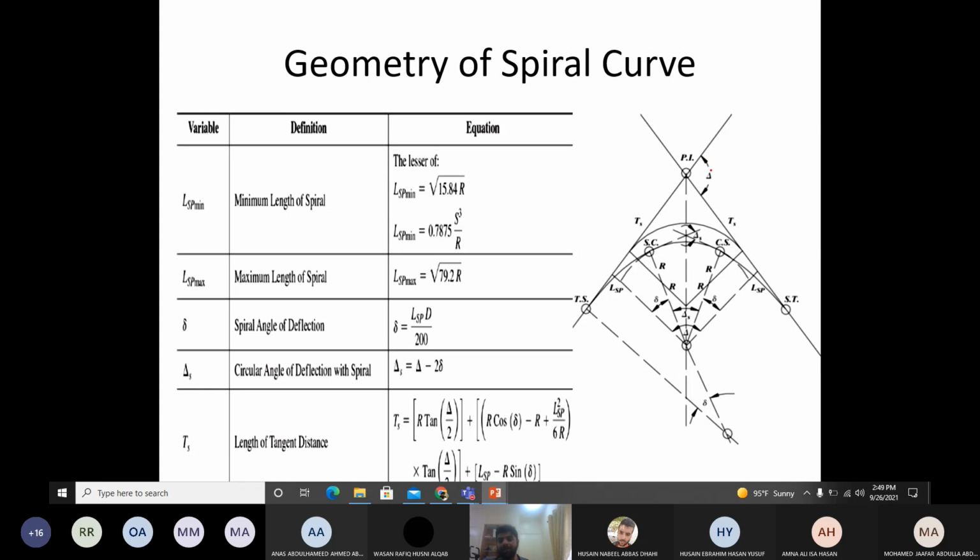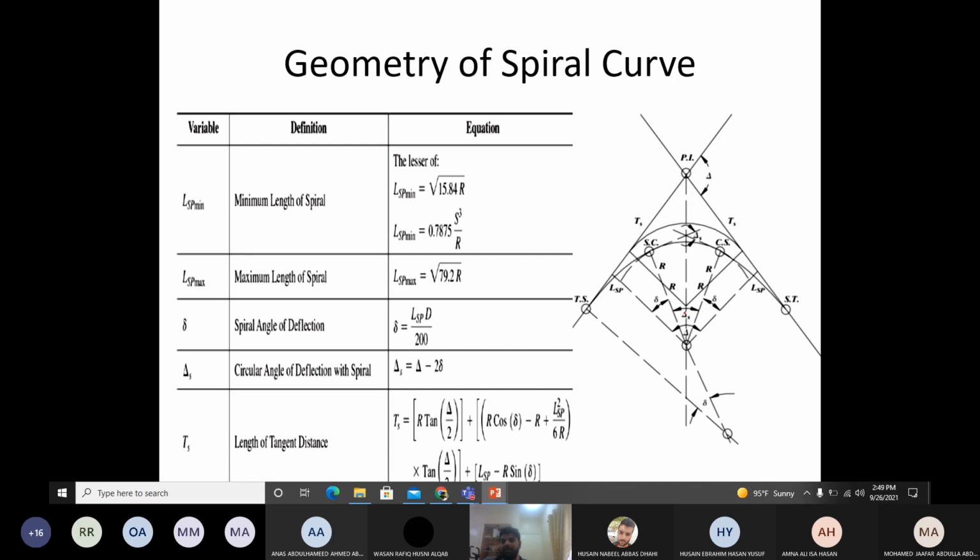For the circular curve, total deflection angle was delta. Some part of delta will be achieved on the spiral curve, which we are denoting with the small delta. So what is small delta? The part of deflection angle covered by the spiral curve. So we have small delta at the end covered by the first spiral curve, a small delta at the beginning and at the end covered by the first and the second spiral curve respectively, and then whatever is remaining is delta S. Delta S is the remaining angle covered by the circular curve in the middle.